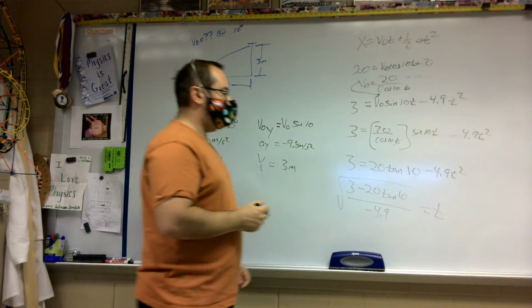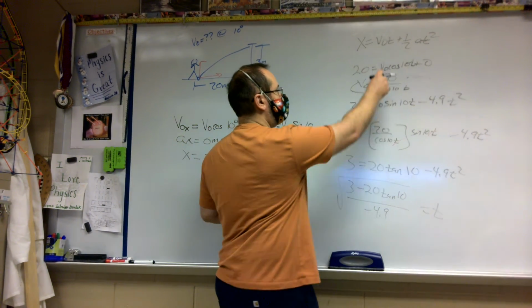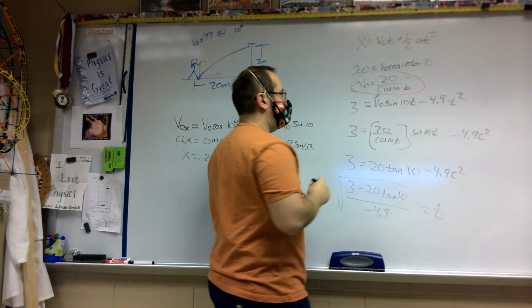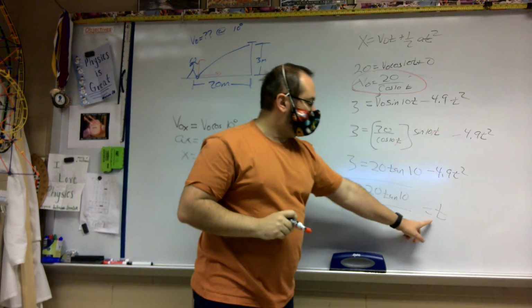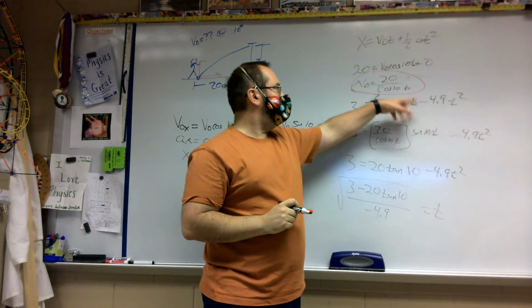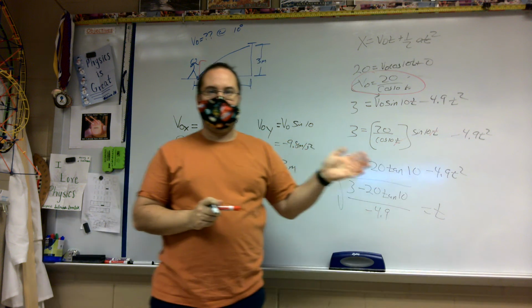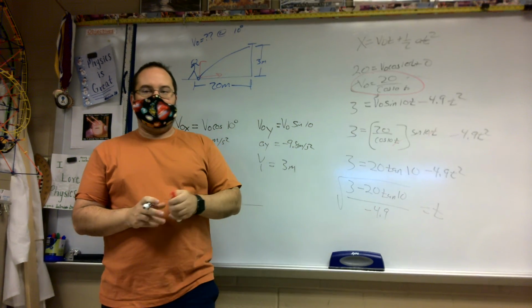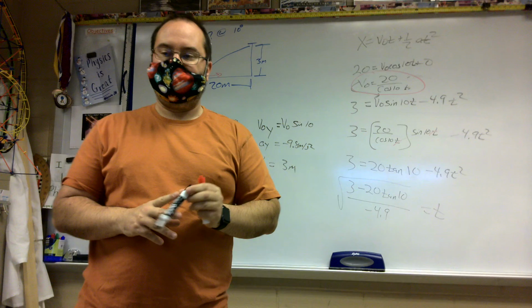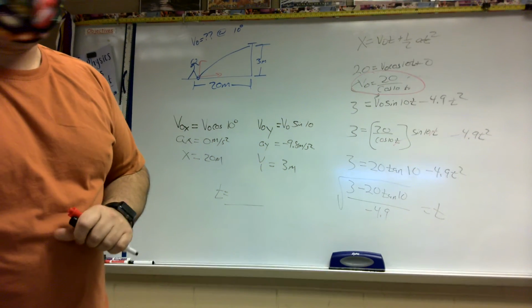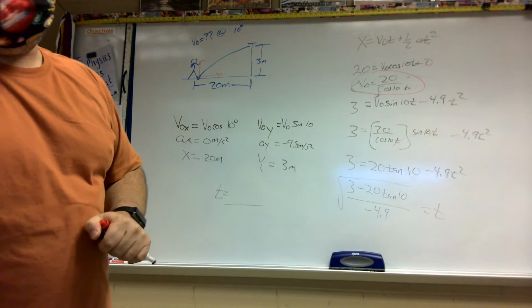I've already solved the equation up here for initial velocity, so I take whatever answer I got for t, plug it in, get my initial velocity, and be done. We'll come back and try a second problem in a few minutes. Make sure you get the right answers and work through it and get some numbers for this.